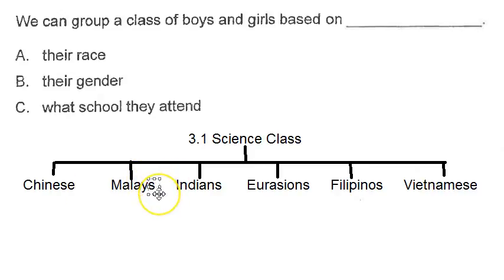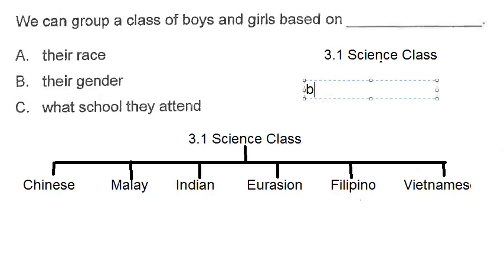Now, can we also group our class by gender? Now, gender, some of you might not understand what gender means. Gender simply means boys and girls, right? So what is gender? Gender is boys and girls. So we can do the same thing. We can have the class 3.1 science class, and then we can have gender based on boys, and we can also have gender based on girls, right?